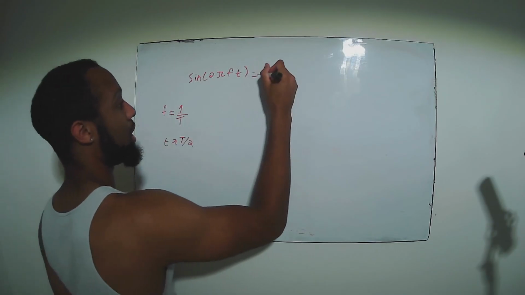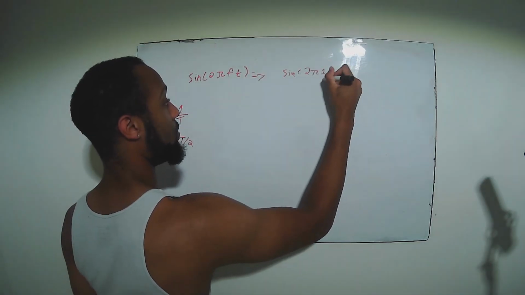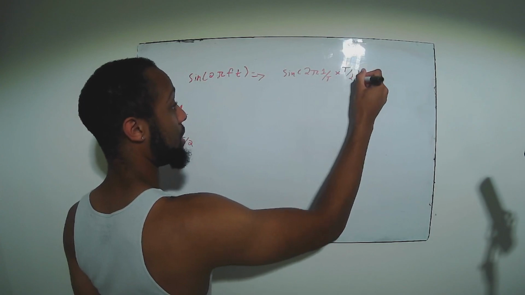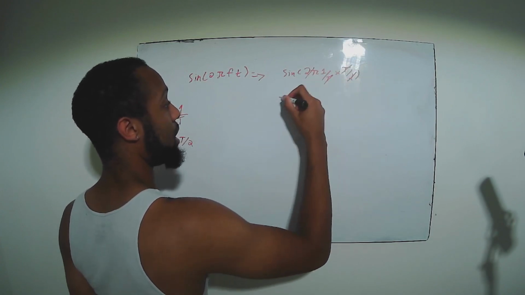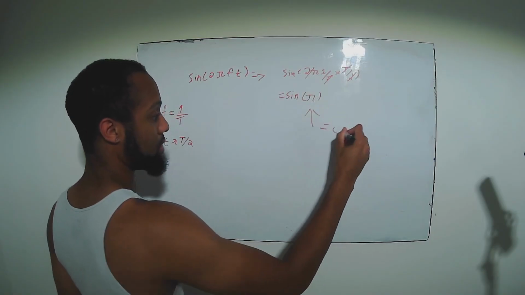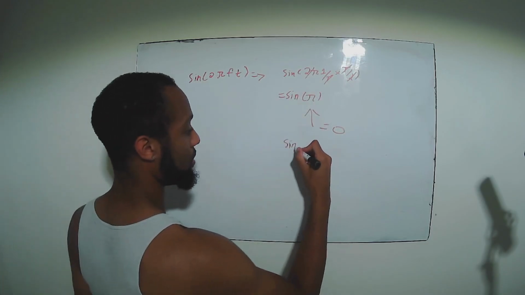Then this simplifies to sine of 2 pi times 1 over T times T over 2. So the T's cancel, the 2's cancel, and you're left with sine of pi. Well, sine of pi is equal to 0. And say, for example, this was sine of 4 pi, right?